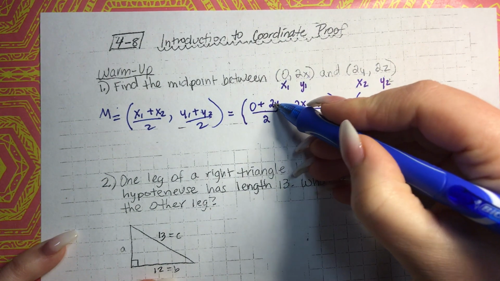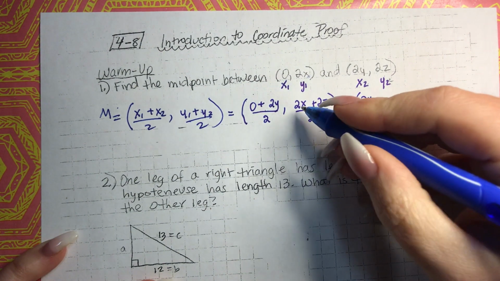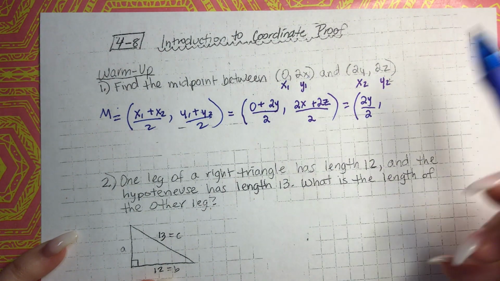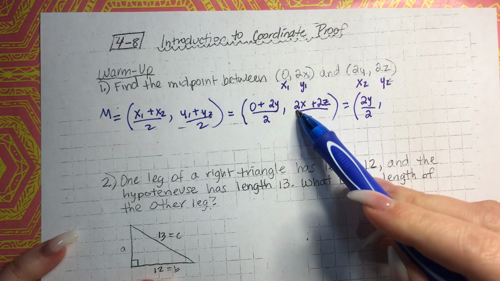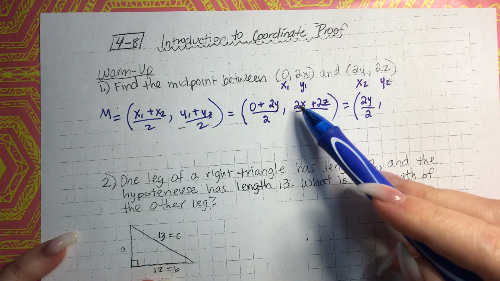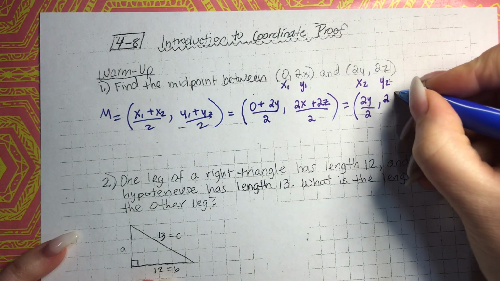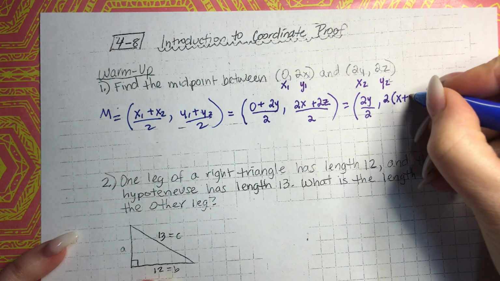So here we have 2y divided by 2. And then here, I can't combine like terms, but what I do see is they both have a 2, so I can factor out that 2, and it will end up being 2 times (x plus z).